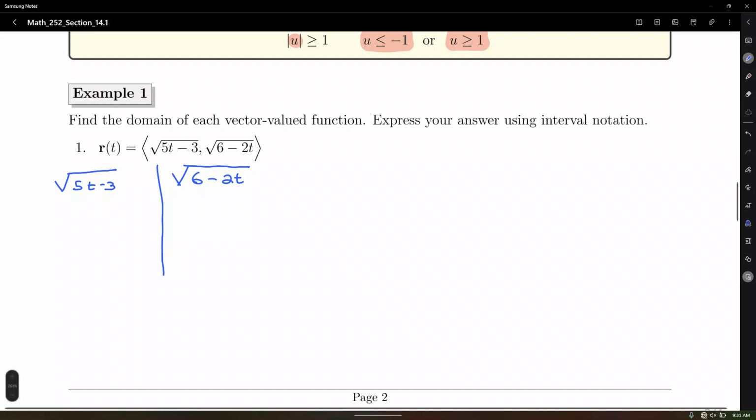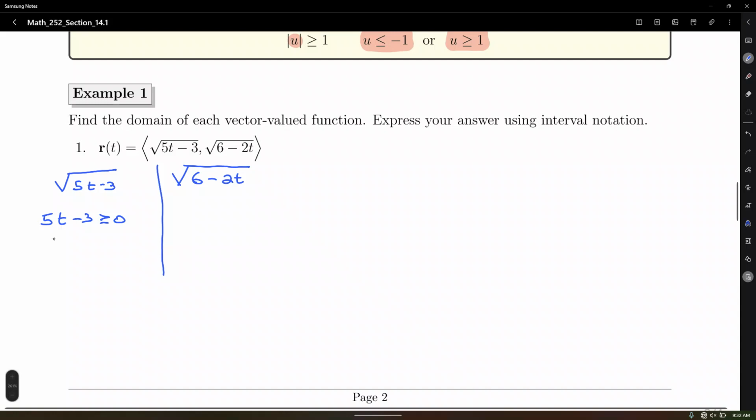For a radical function of an even index, set the radicand, that is 5t minus 3, greater than or equal to 0. That's our formal way to exclude the negative numbers, because you can't take the square root of a negative number. Well, yes, you can, but that gives you imaginary numbers, which give rise to complex numbers, a whole other class. Functions of complex variables are a whole other field, and we care about functions of a real variable here.